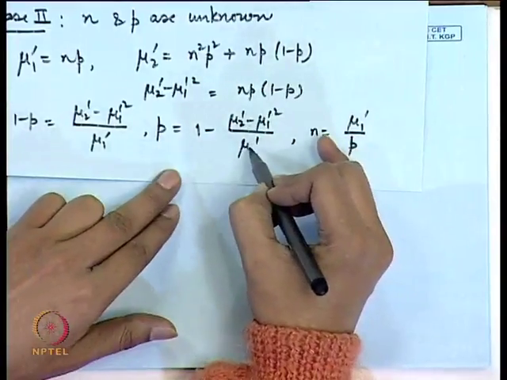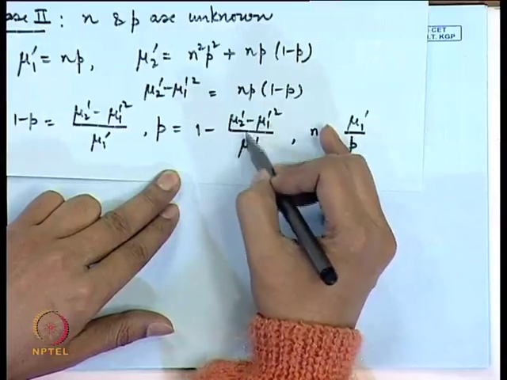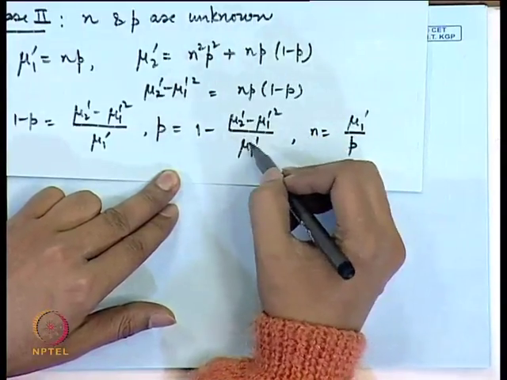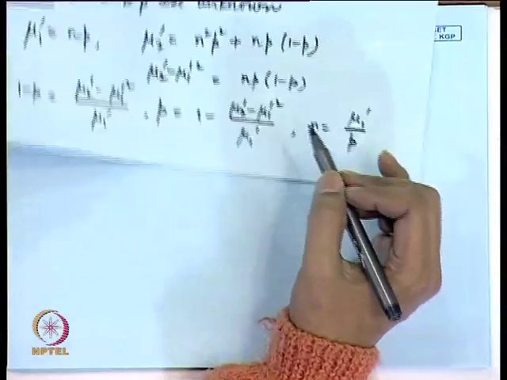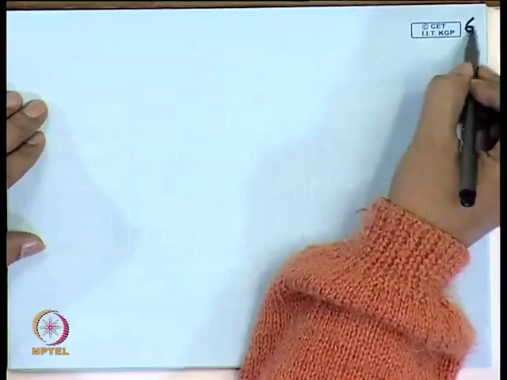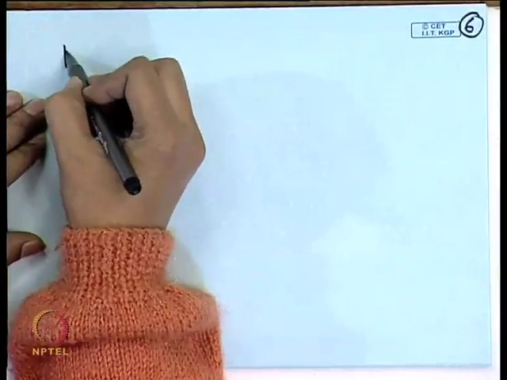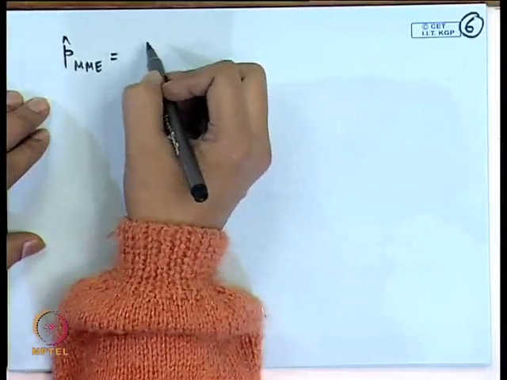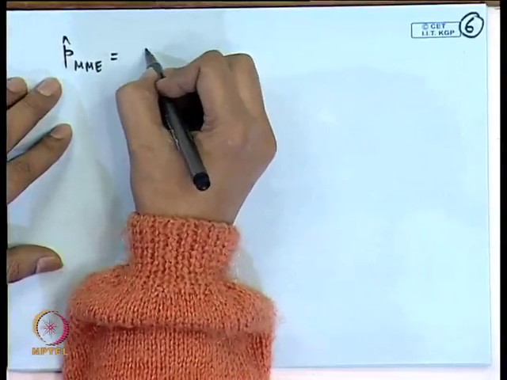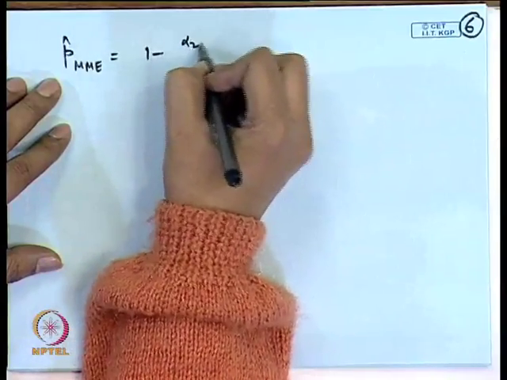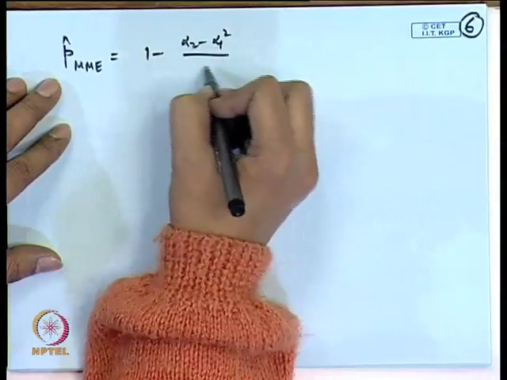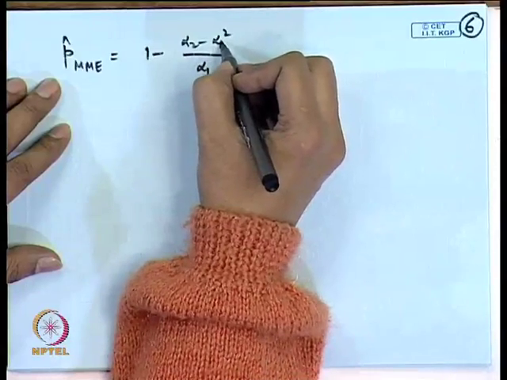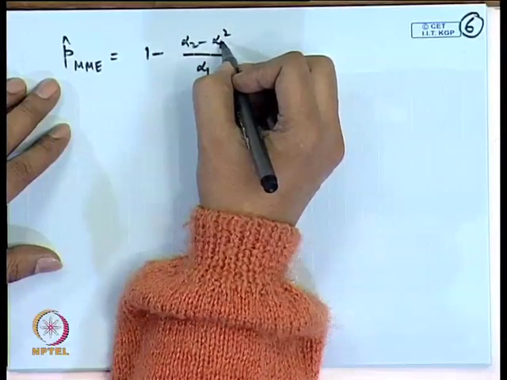So, now by substituting alpha 1 and alpha 2 for mu 1 prime and mu 2 prime, I get the method of moments estimator for n and p. So, let us look at this value here. We get p hat MME as 1 minus alpha 2 minus alpha 1 square by alpha 1. Here alpha 1 is X bar and alpha 2 is 1 by n sigma Xi square.